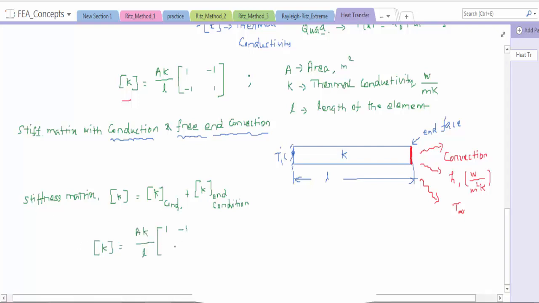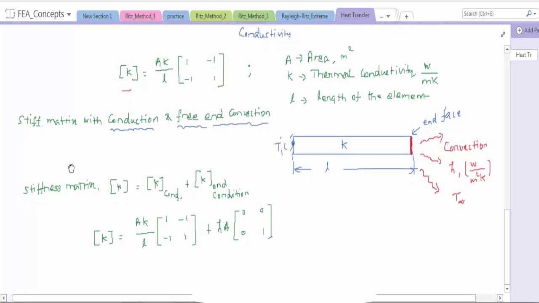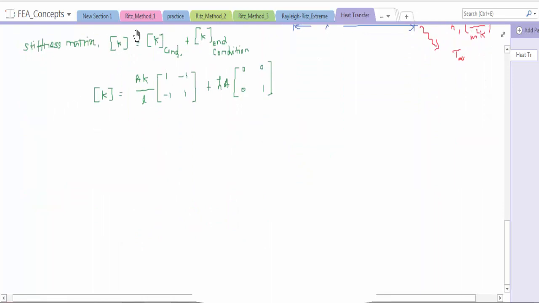So AK by L [1 -1; -1 1] plus hA [0 0; 0 1]. So this is for convection. You have to add these two matrices to get the stiffness matrix for any one element, suppose that element is subjected to end face convection.